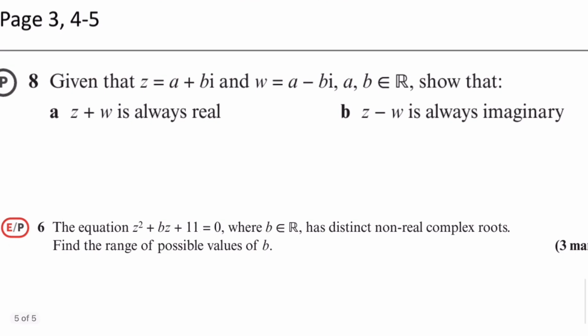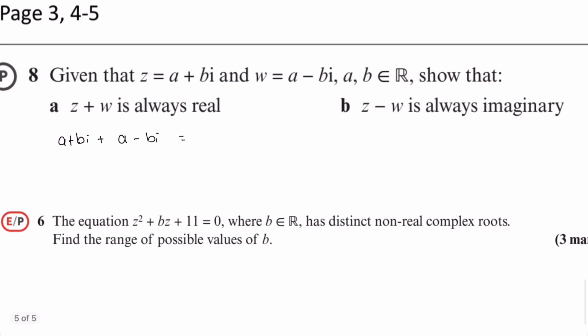Okay, z plus w. So that equals a plus bi plus a minus bi, and that equals 2a. Therefore, always real, because the bi and negative bi cancel each other out. Now show that z take away w is always imaginary.